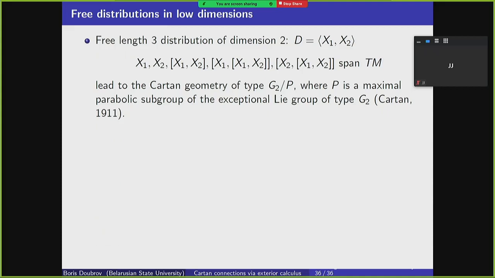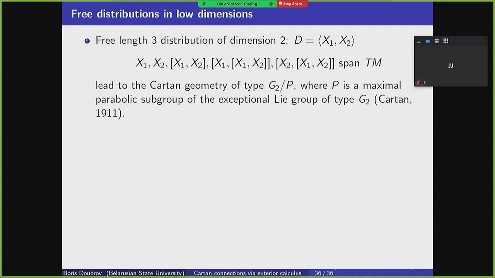So the most probably well-known case is what's called free length 3 distributions of dimension 2. So these are 2-dimensional distributions on 5-dimensional manifolds, and 3 means that if you take at most 2 brackets, you span all of TM, and these brackets have to be linearly independent.